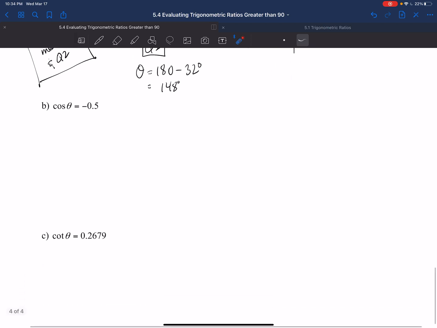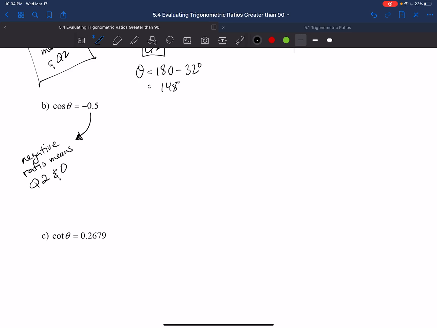So cos of theta is negative 0.5. So before I type this into my calculator, I'm going to think about what this means. So a negative ratio means quadrant 2 and quadrant 3, because that's where cos is negative.